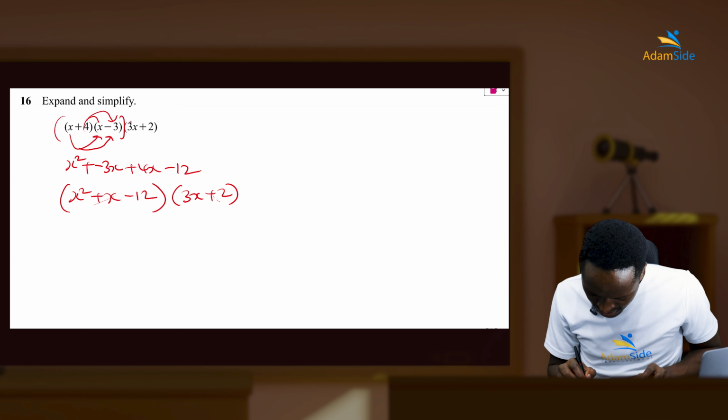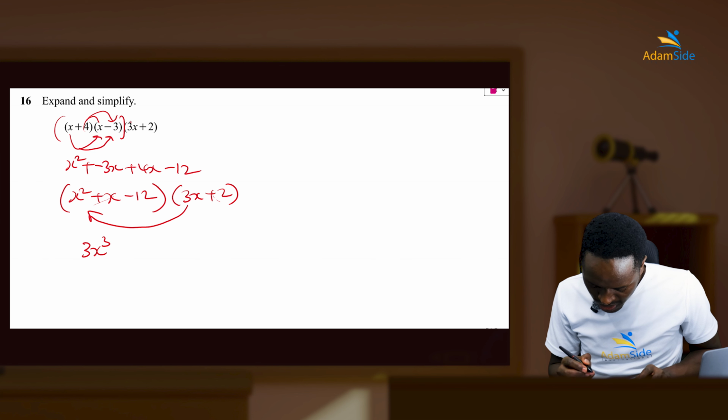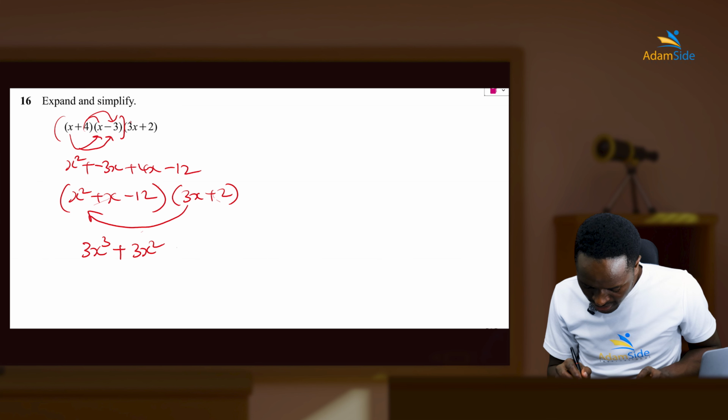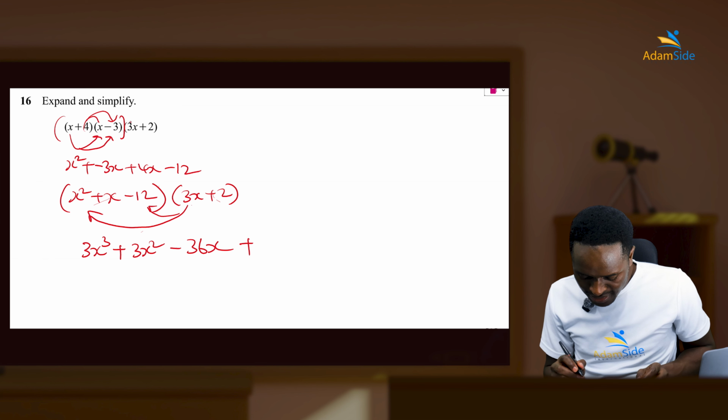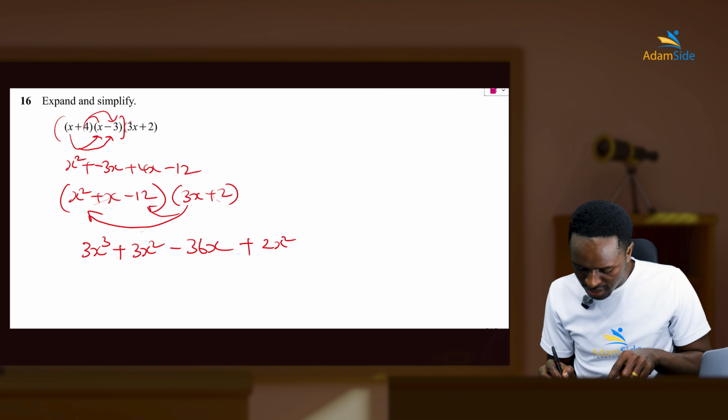Then 3x times x squared, you get 3x cubed. Then plus 3x times x, you get 3x squared. Then 3x times negative 12, you get minus 36x. Then plus 2 times x squared, you get 2x squared.